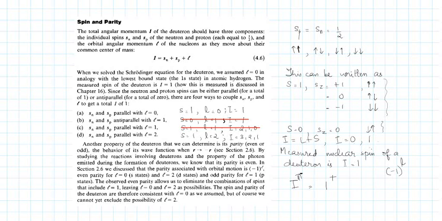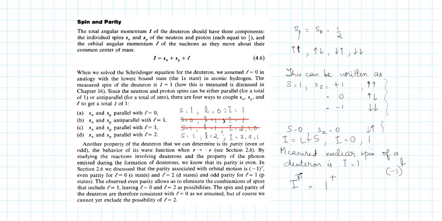The spin and parity of a deuteron tell us that the deuteron exists in an admixture of L equal to 0 and L equal to 2 states, because this possibility cannot be ruled out by the spin and parity consideration. So our deuteron exists in a mixture of L equal to 0 and L equal to 2 states.